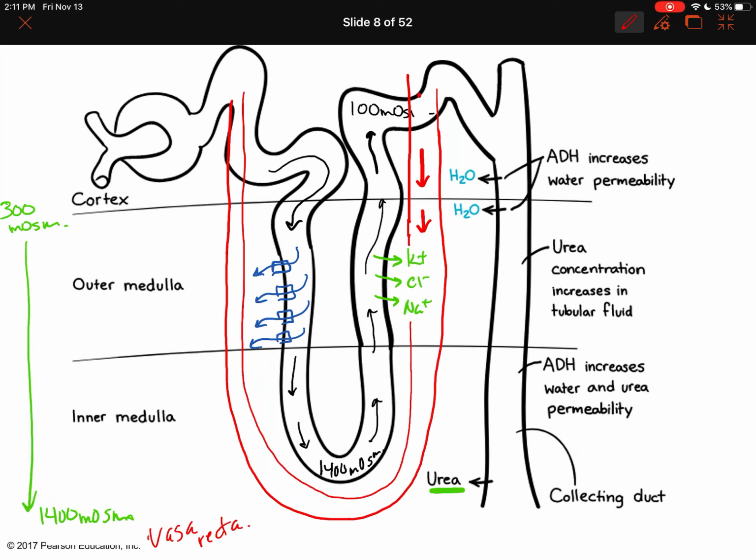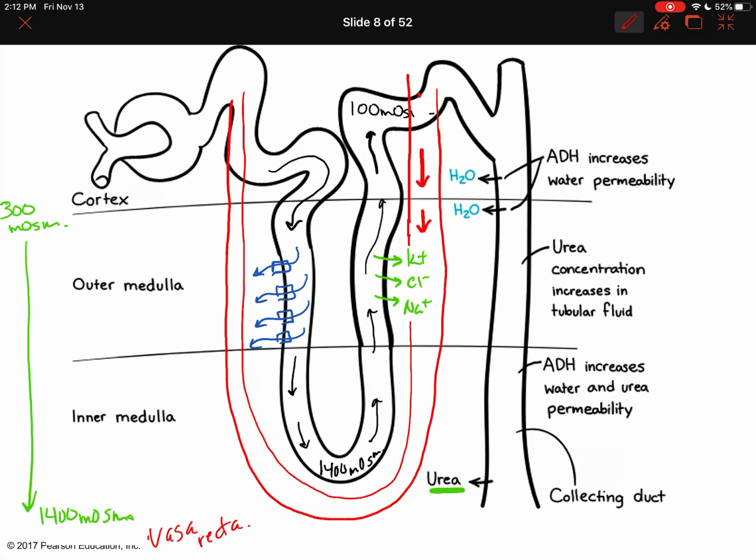Now, as the blood supply is coming down, the solutes that are being actively pumped out of the ascending limb, they're going to move into the bloodstream. Okay, so they're going to take up residence in the medulla to create the gradient, but they're also going to move into the bloodstream because there's going to be a high concentration of these ions in the medulla, in the interstitial fluids, and there's going to be a lower concentration in the blood plasma, and there's going to be channel proteins for them.